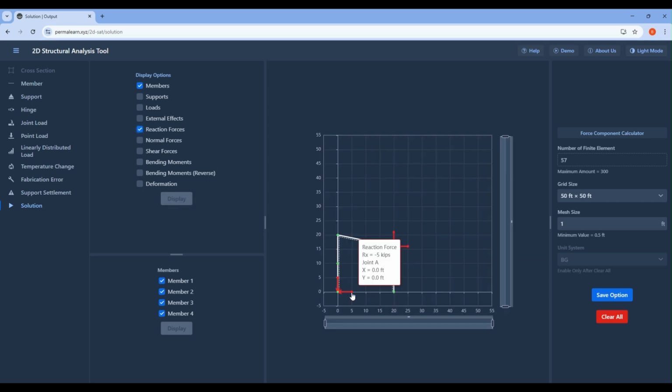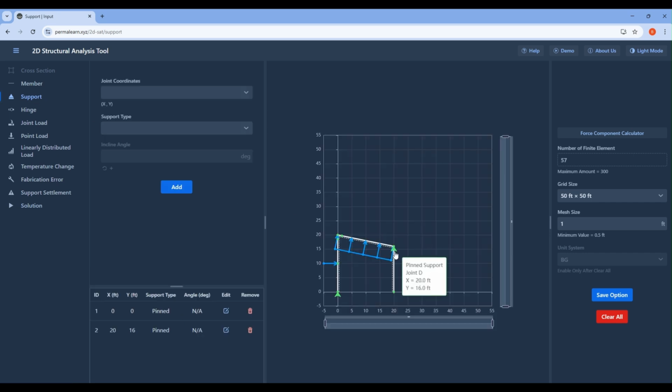So as you can see, AX is equal to -5, AY is equal to negative... I'm sorry, I put the wrong location of this pin, so I need to remove it and then add pin at point B, because I'm moving too fast.